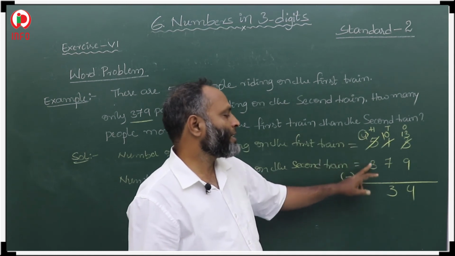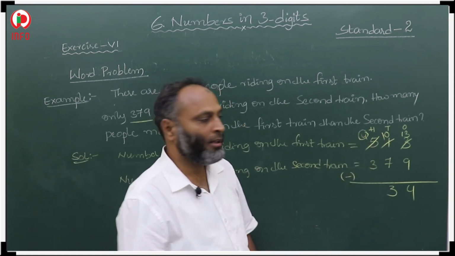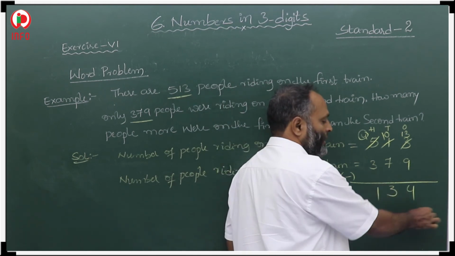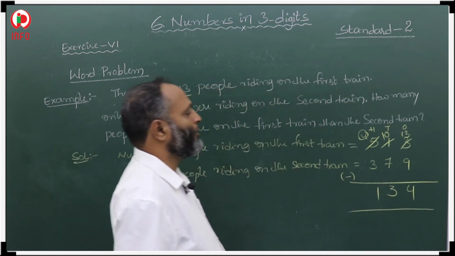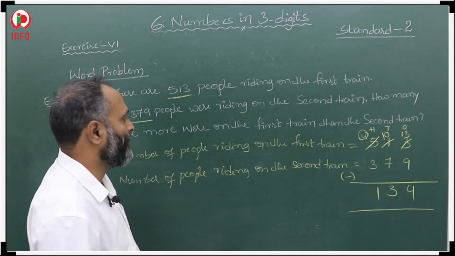Here 4 minus 3, what is the difference between 4 and 3? 1. Why? Because they are serial numbers. The difference is 1. So how many more members are there in the first train? Then 134.